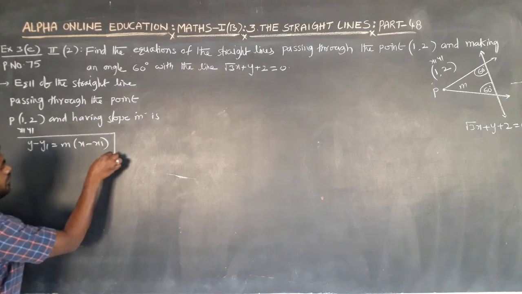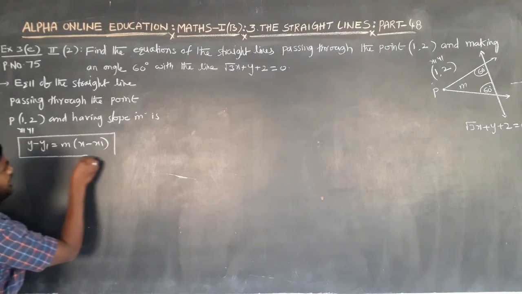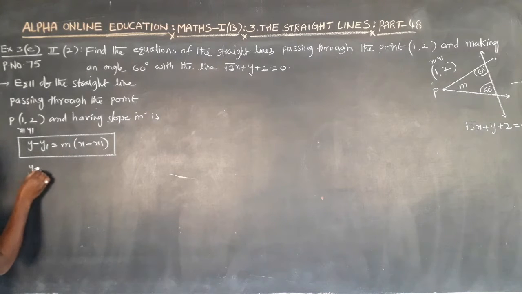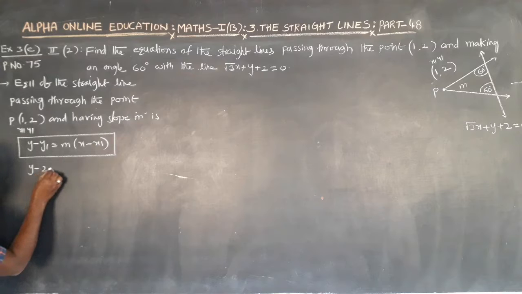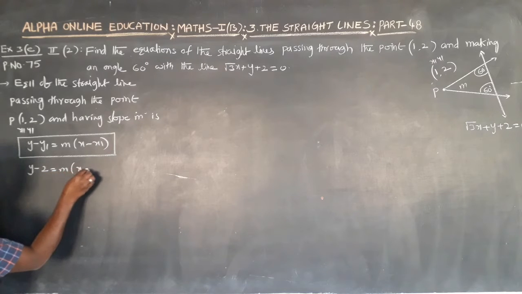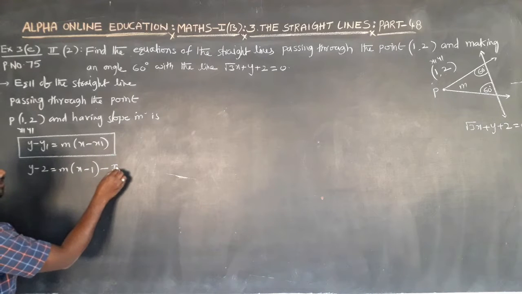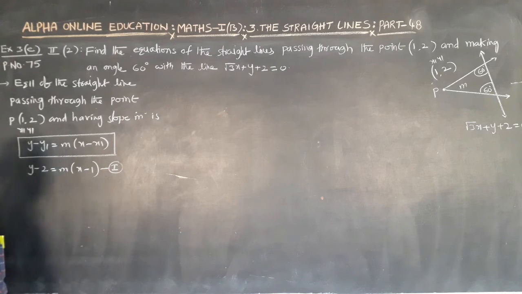This is the equation of the straight line in point slope form. y minus 2 is equal to m into x minus 1. This is the required equation of the straight lines.